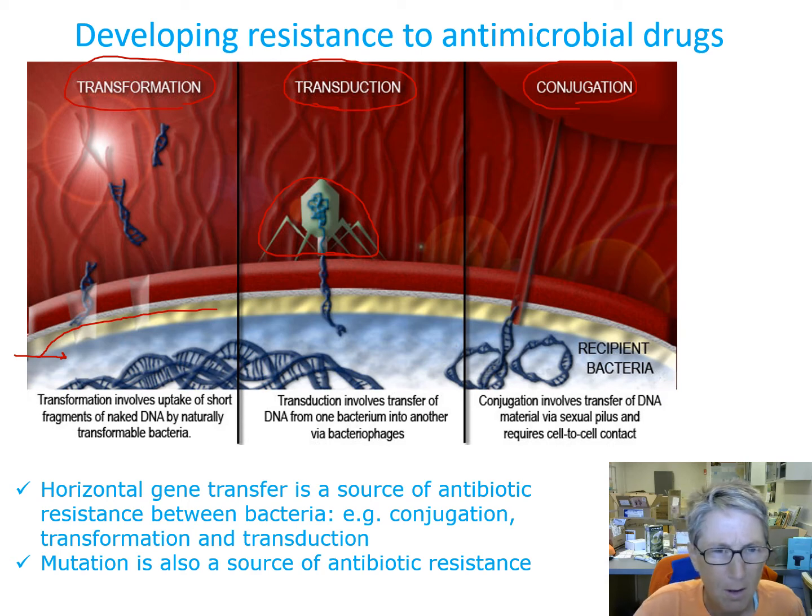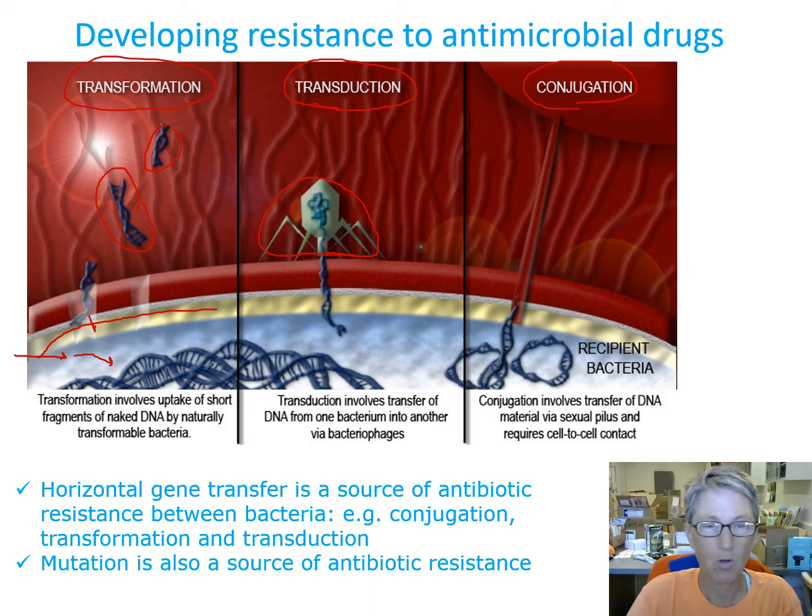And then this, in transformation, you just have these short fragments of DNA, naked DNA. So in transformation, the DNA that will transform the bacteria is not in a capsid or an envelope. It's just naked. And it moves through the phospholipid bilayer of the bacteria and inserts itself into the DNA of the bacterial chromosome.